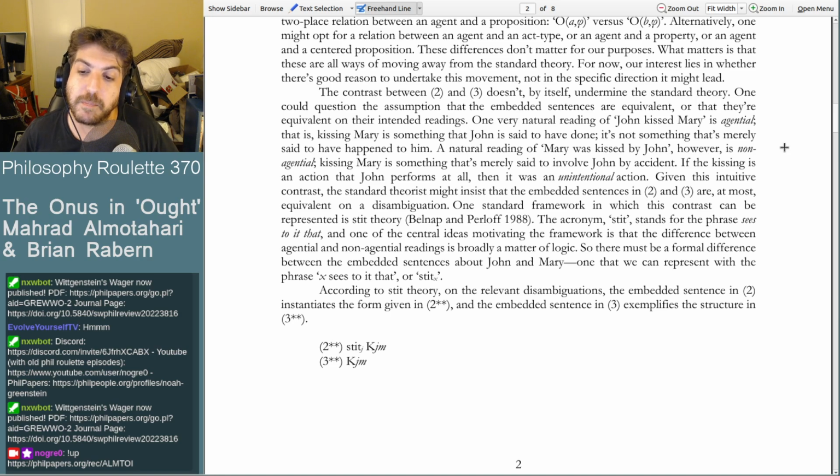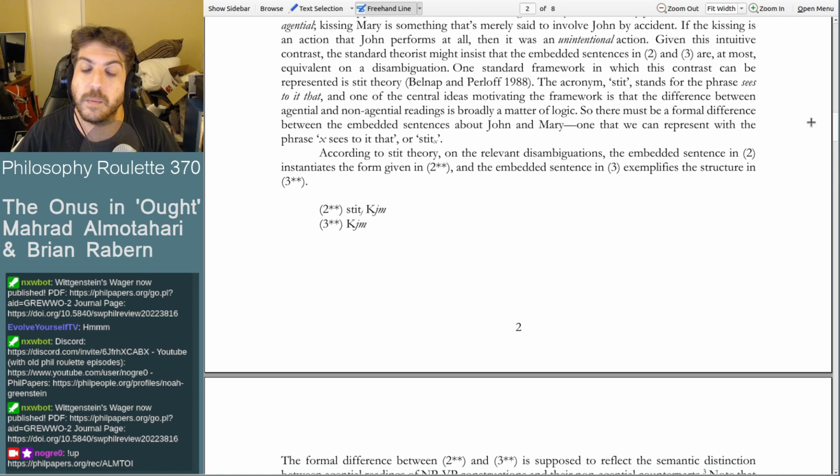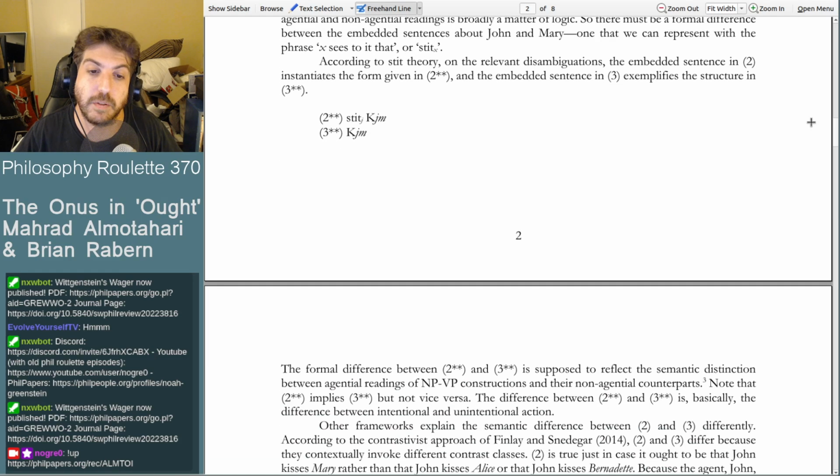So there must be a formal difference between the embedded sentences about John and Mary, one that we can represent with the phrase X sees to it that, or STIT sub X. According to the STIT theory on the relevant disambiguation, the embedded sentence in 2 instantiates the form given in 2 double star. The embedded sentence in 3 exemplifies a structure in 3 double star. So 2 says STIT sub J KJM, and 3 is just no STIT KJM.